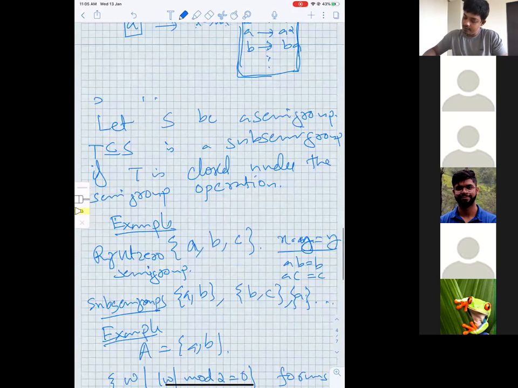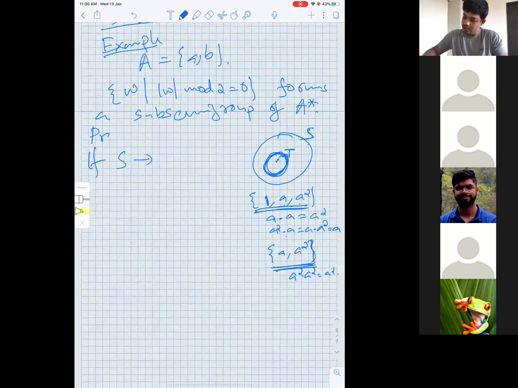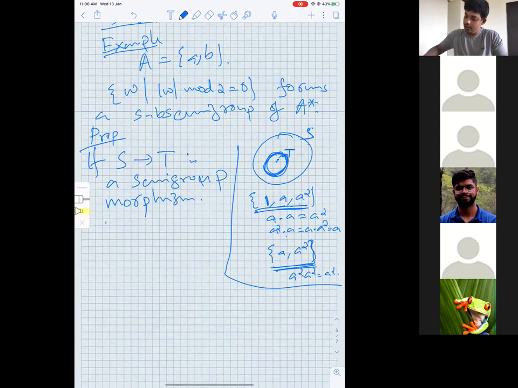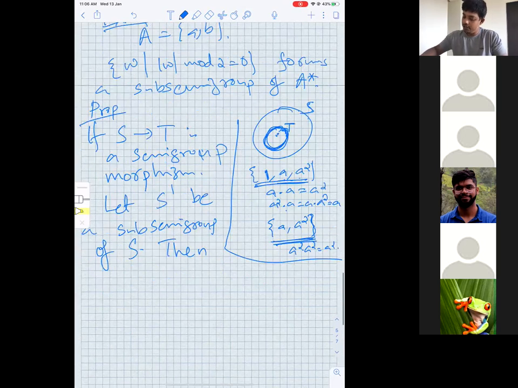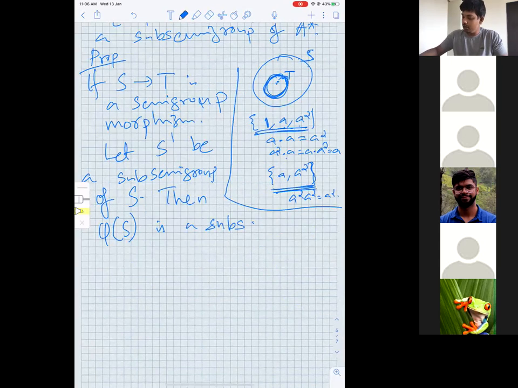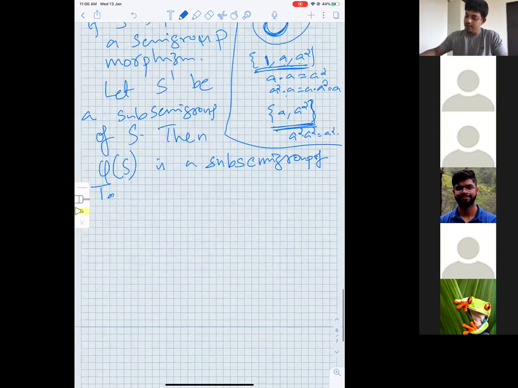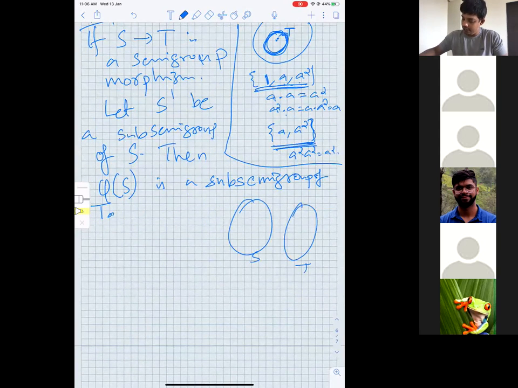My point was that if phi from S to T is a semigroup morphism, and S prime is a subsemigroup of S, then phi of S prime is a subsemigroup of T. That means if this is S, this is T, and phi is a morphism between them, and I have S prime, then the image of S prime under phi will be a subsemigroup of T. This is one.